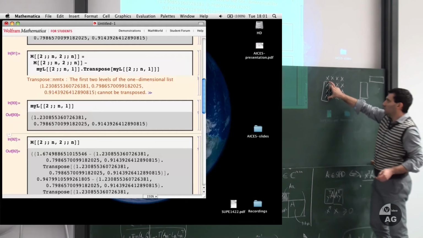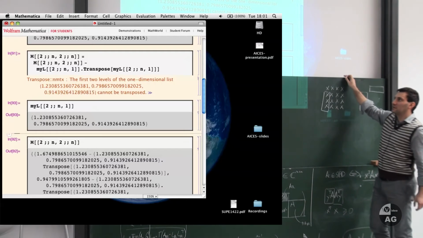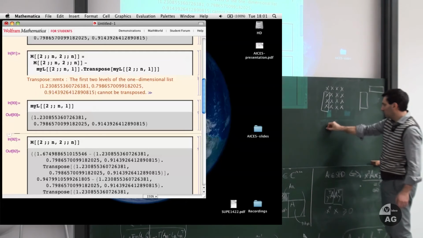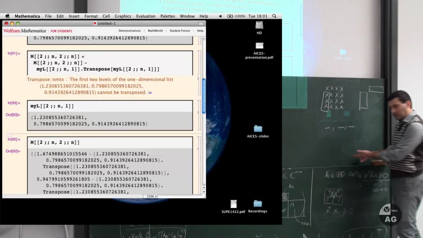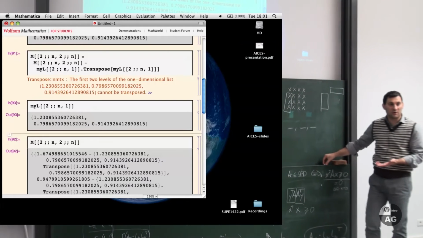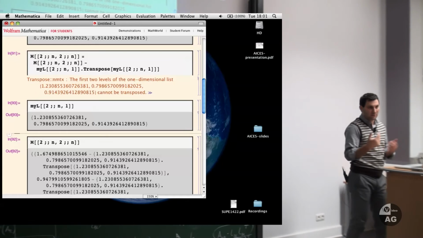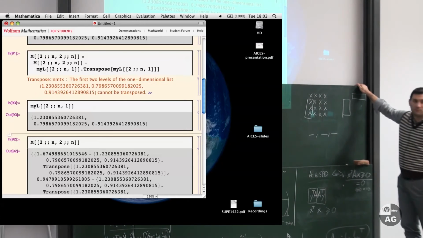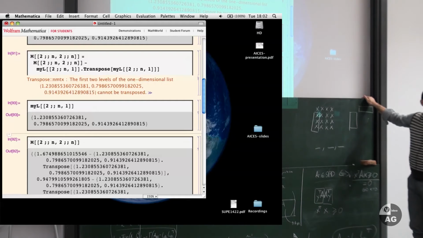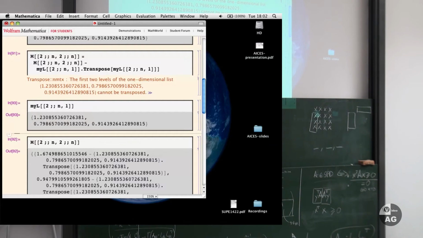We access this object, and for some reason, Mathematica decides that it's a list. It's just a list of entries. It's not a column, because Mathematica doesn't distinguish between columns and rows. So when it takes 2 to n, comma 1, it just puts it as a list.